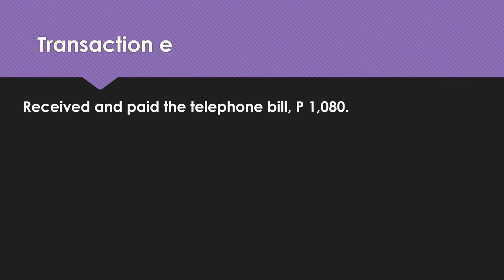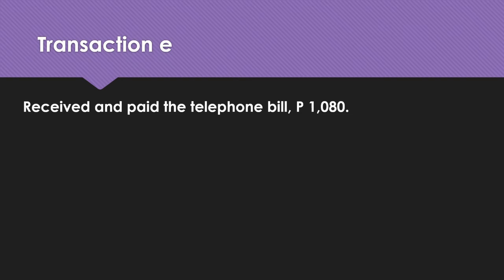Received and paid the telephone bill. So, naka-receive ka ng phone bill, okay, and binayadan mo siya. So, anong nag-increase? Nag-increase ang gastos mo. Gastos mo sa utility. So, pag tingin mo sa account titles, saang account siya papasok? Utilities, ito yung water, electricity, pwede rin communications or phone bills.